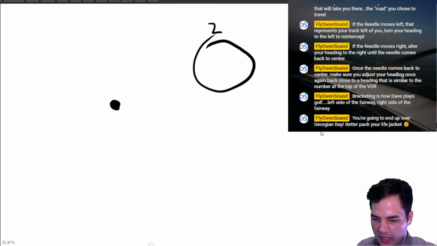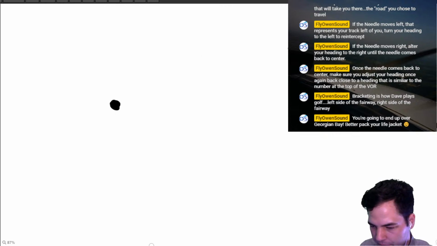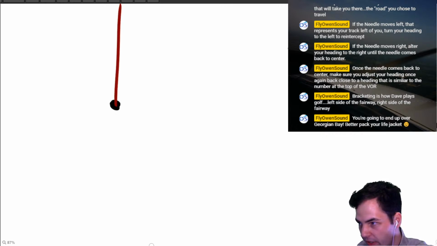So let me bring us back to just the plain old north-south VOR indication. So we have the radial. I'm going to put it in red here.